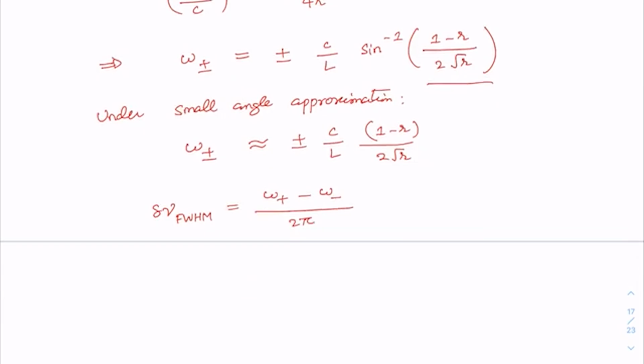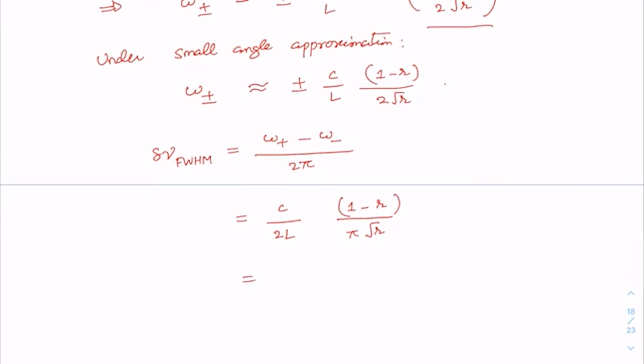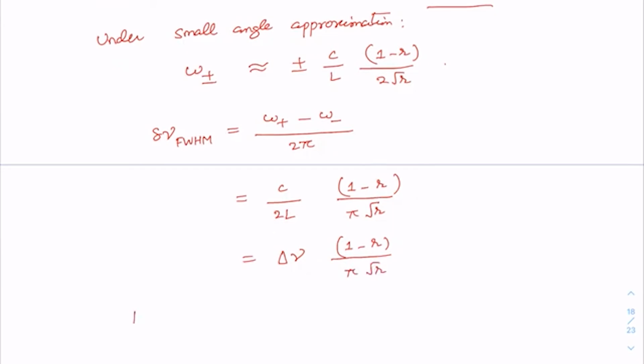And if you work it out from here, you will get it as c by 2L into 1 minus R divided by pi root R, and c by 2L is nothing but the free spectral range, which we are denoting by delta nu, and this is multiplied by 1 minus R divided by pi root R. And we know that the finesse is the free spectral range divided by the full width at half maximum.